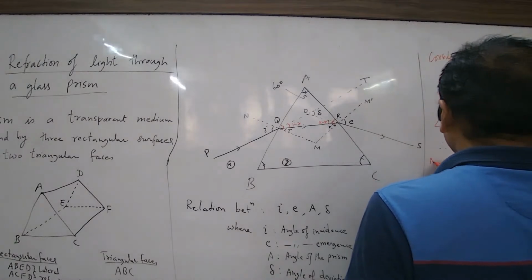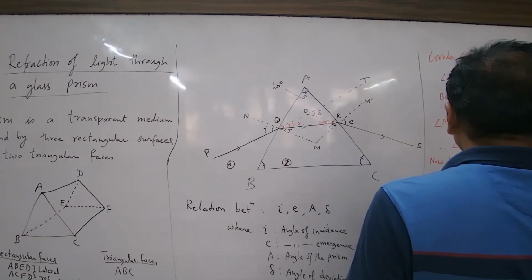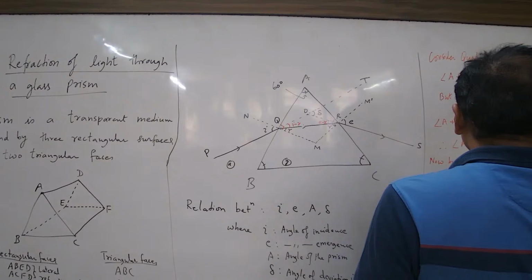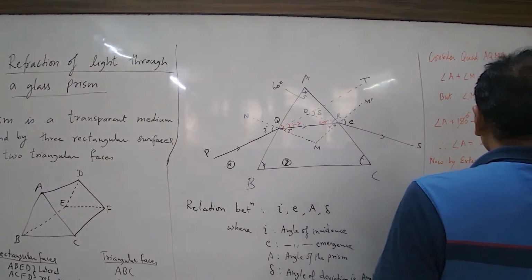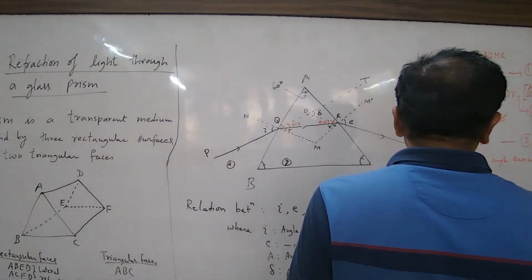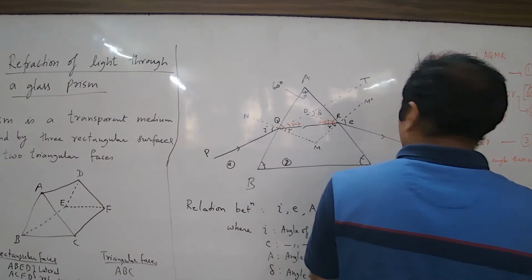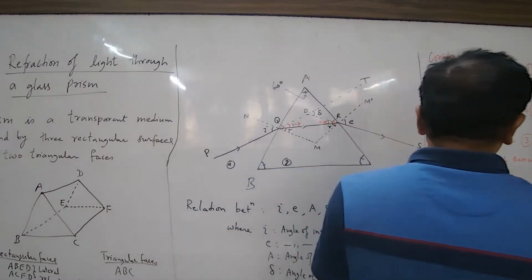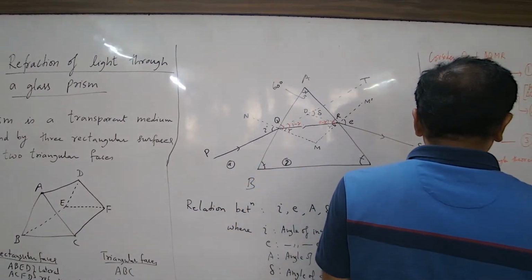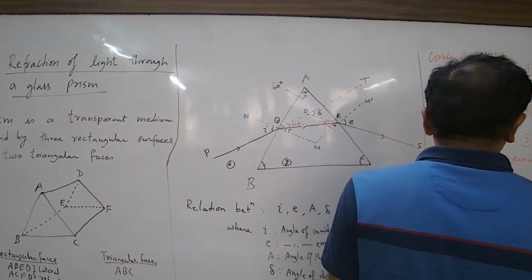Now, by exterior angle theorem, angle of deviation is equal to sum of opposite angles. So this is I minus R plus E minus R. You agree?